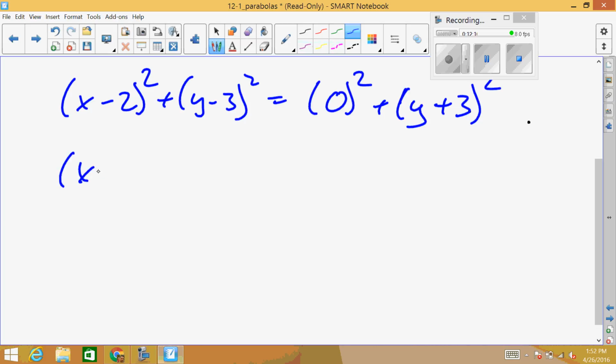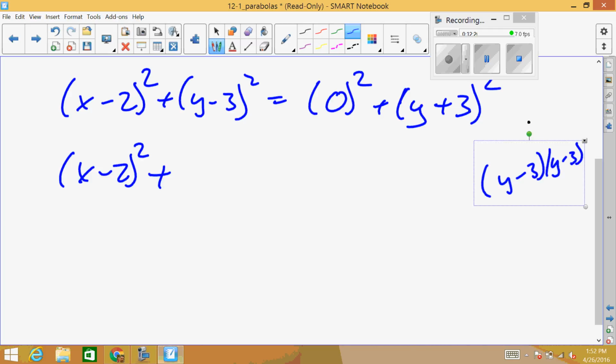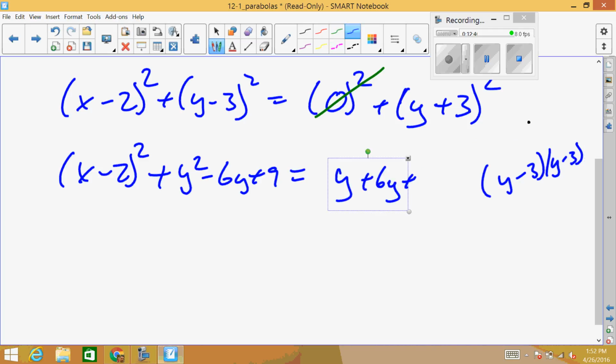So (x minus 2) squared plus, if I remember my real square double square, otherwise I can write it, y minus 3 times y minus 3. I'm going to jump to my square double square. Equals, well, 0 squared, that's just 0. I'm not going to worry about that. y squared plus 6y plus 9. Now, kind of a coincidence here.